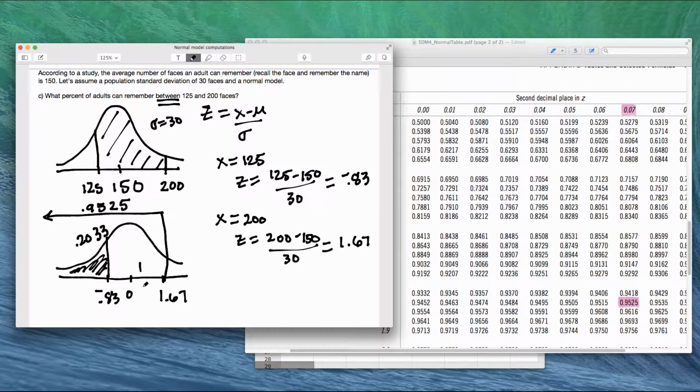So the area in this middle section, which is what we want, we'll take 0.9525, subtract 0.2033, and this will give us the area in the middle. So go to the calculator, 9525 minus 2033.